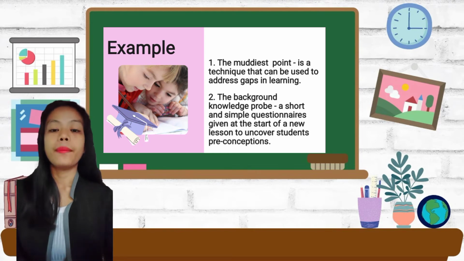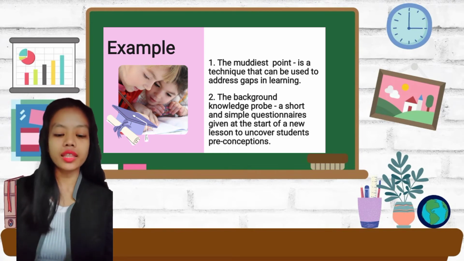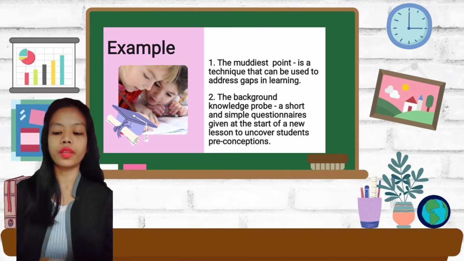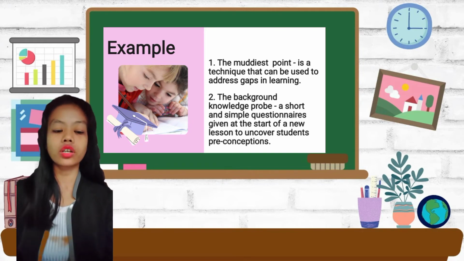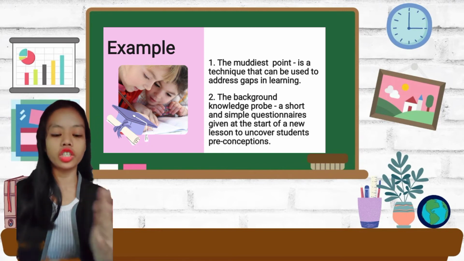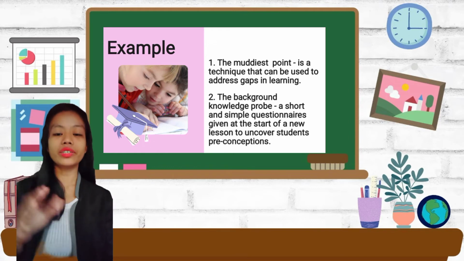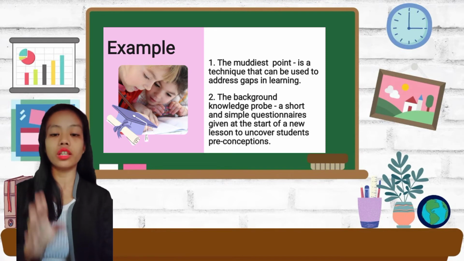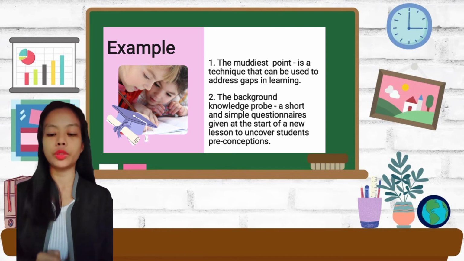An example of this is the muddiest point. Muddiest point is a technique that can be used to address gaps in learning. This technique consists of asking students at the end of the lesson to scribble down their answer to a question. Another example is the background knowledge probe, a short and simple questionnaire given at the start of a new lesson to uncover students' preconceptions.